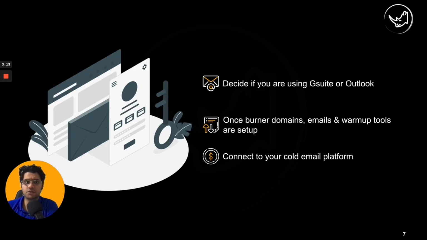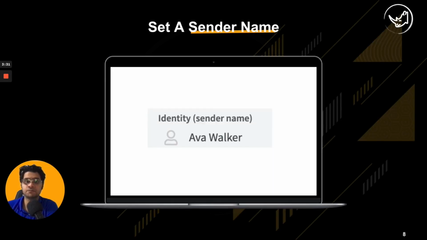The first thing you want to decide is if you're using G Suite or Outlook. You also want to make sure that you have your burner domains, emails and warm-up tools set up, and then you connect everything to your cold email platform. I think this is a given. We covered all of these concepts earlier in quite some detail.